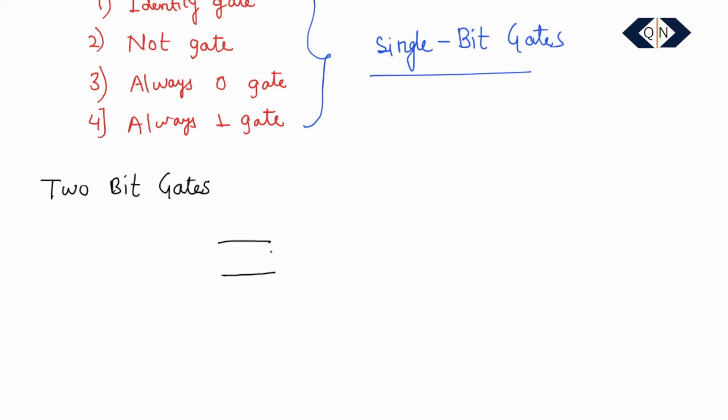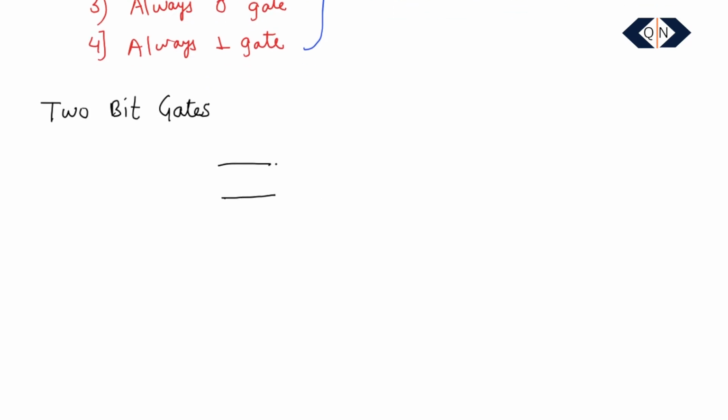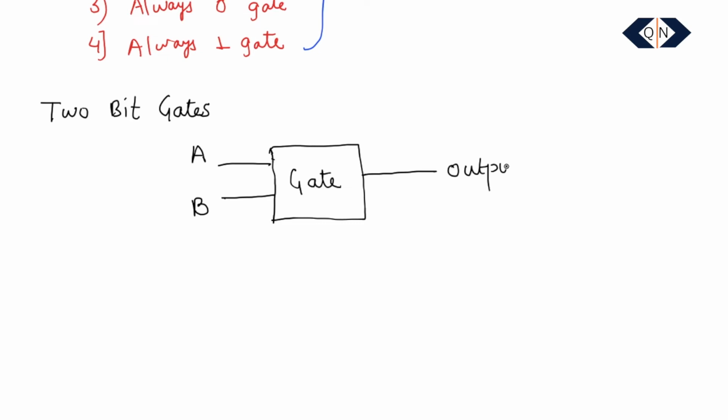So let me draw two inputs, and this is the gate, and we will have one output. In classical, we will always have a single output. So suppose this is the first input, this is the second input, and this is the output.